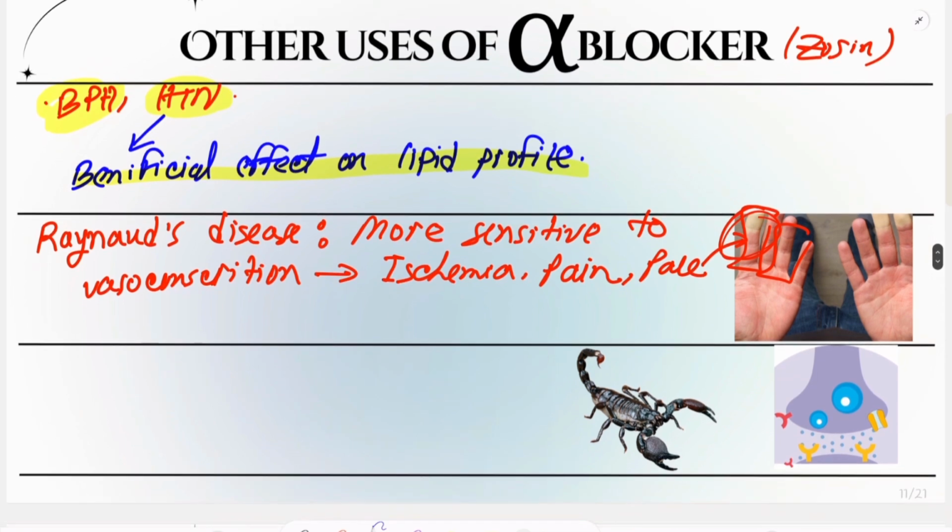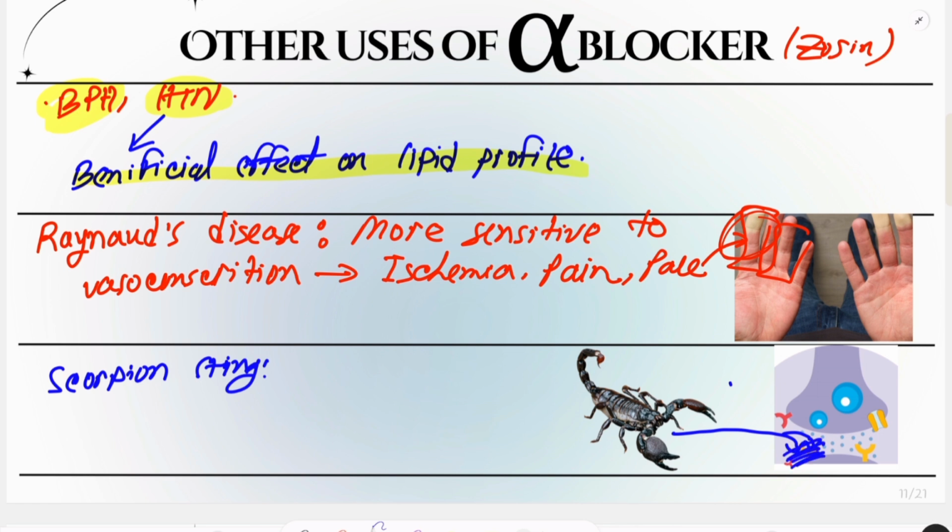And the third use is scorpion sting. The venom of scorpion is a powerful alpha 1 agonist. So it will lead to stimulation of this alpha 1 receptor, and that will lead to severe vasoconstriction and severe hypertension. So to prevent this, we can use alpha 1 blocker.